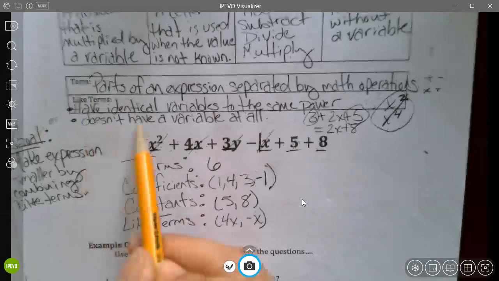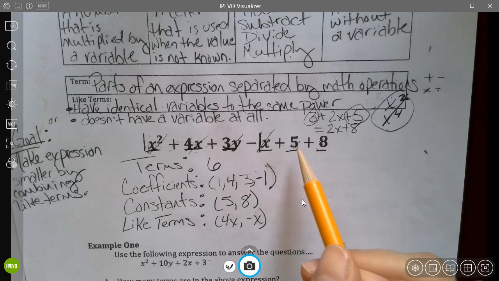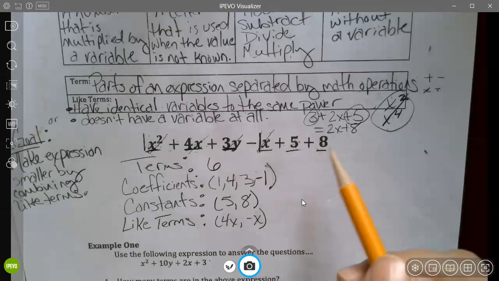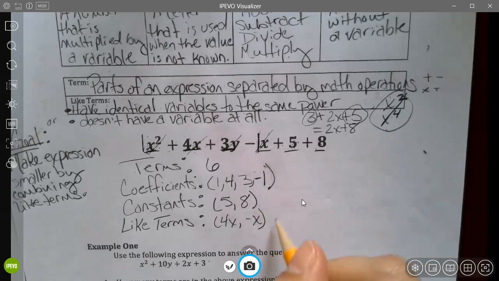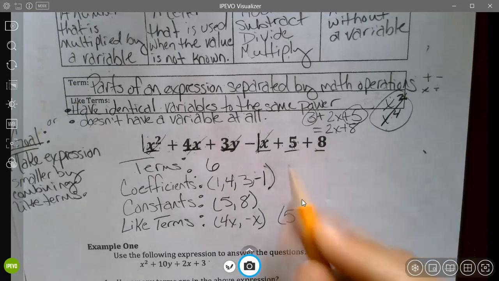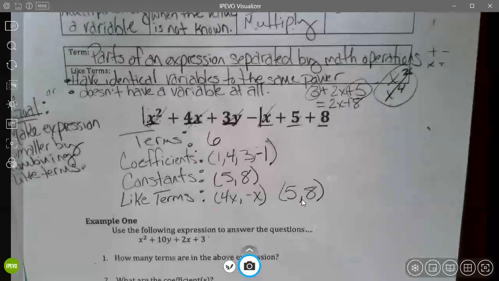Yes, right here, like terms. Doesn't have to have a variable at all. You've been doing this. Have you been adding 5 plus 8 most of your education life? You sure have. So I would say 5, it's a positive 5, right? And 8, it's a positive 8. Those both are like terms. Let me move my arrow out of the way.